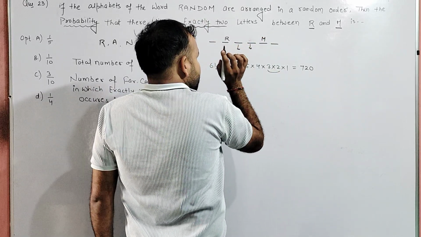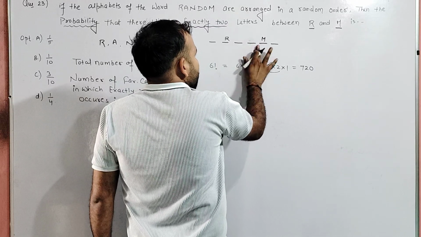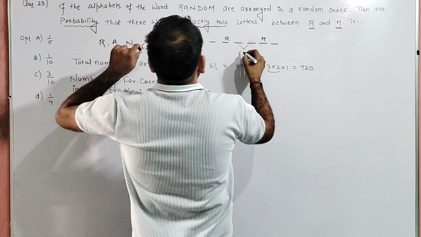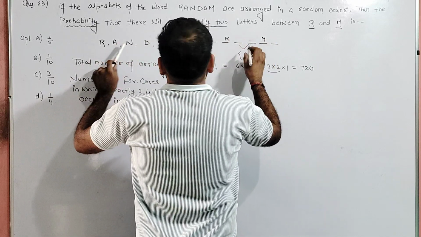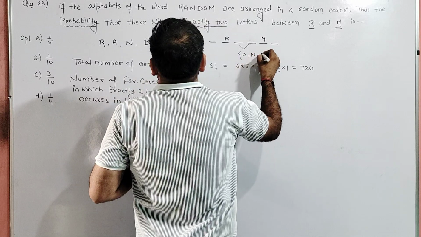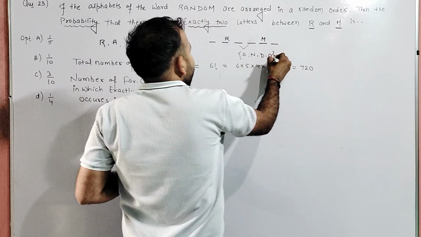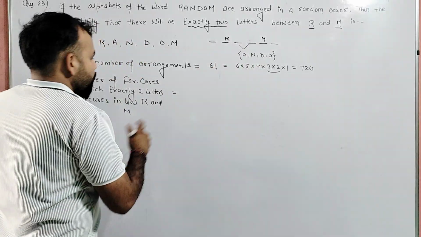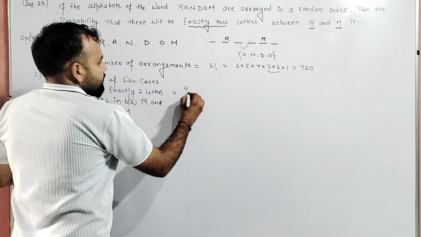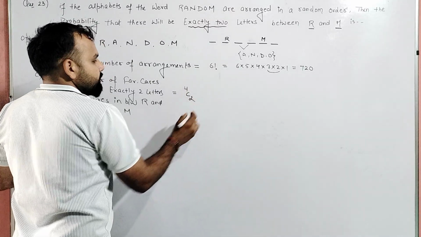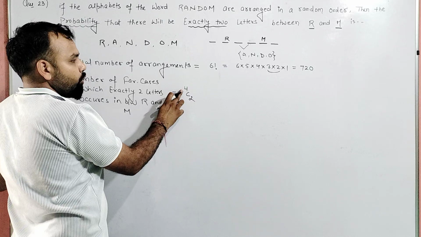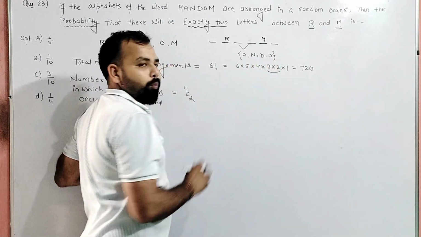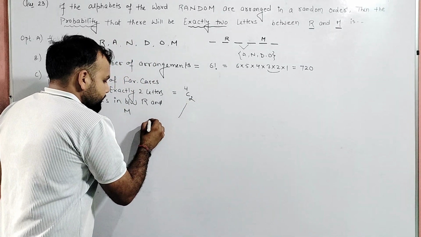R is already fixed, M is already fixed. We need to fix A and D and O. We can fix these 2 positions out of these 4. So we need to select 2 letters from 4 letters. These 4 letters are A and D and O.